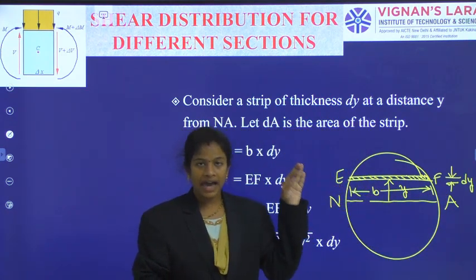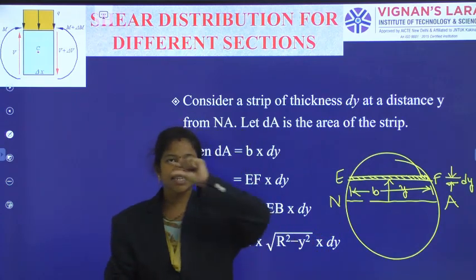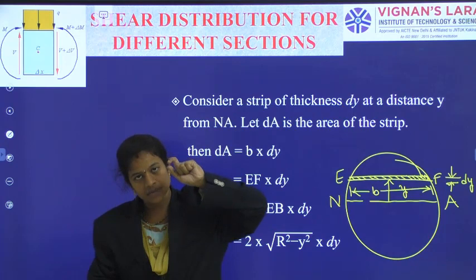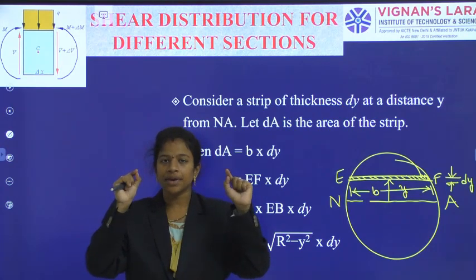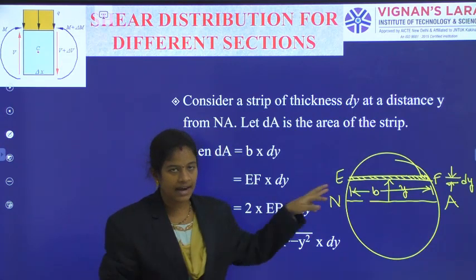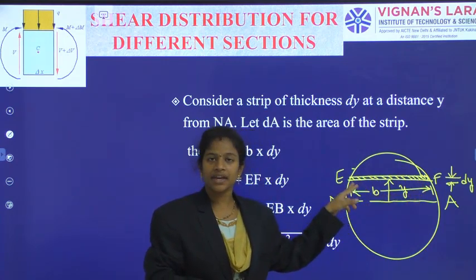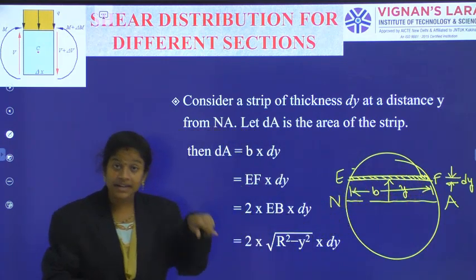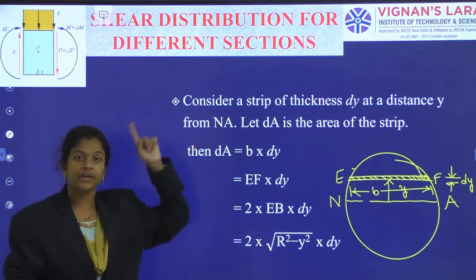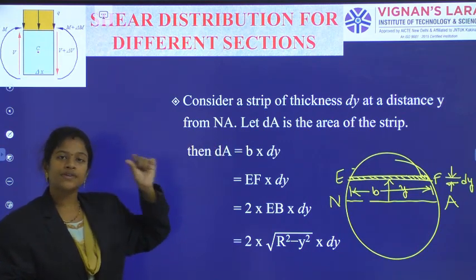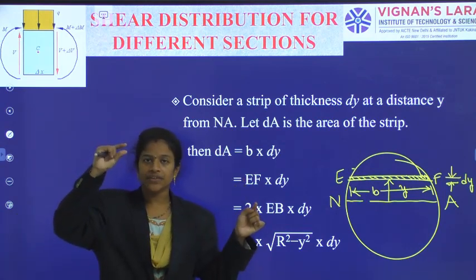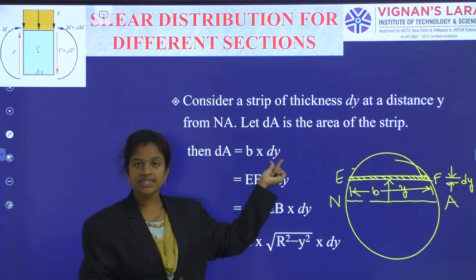As the dy thickness is very small, in that thickness B is the same, and the strip appears like a small rectangular section. From the rectangle's point of view, the area of the strip dA is equal to B into dy, width of the beam into thickness dy.